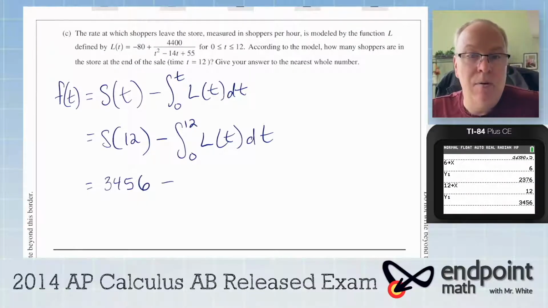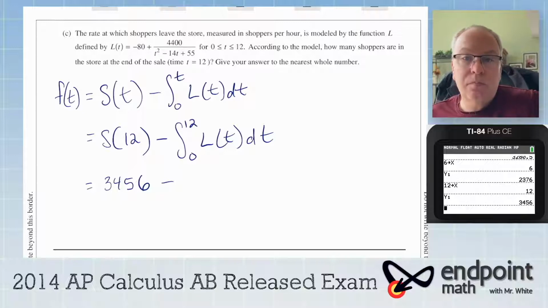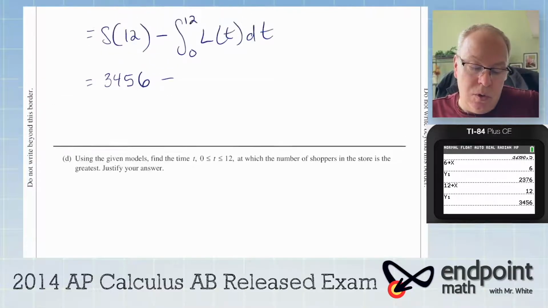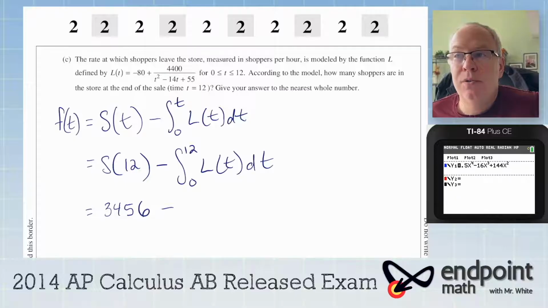And now we're going to see how many people have left. Now, we have that ugly function up there as well. And we might need to use it in part D again. Right? So I'm wondering if we shouldn't put it in on Y2. So let's just go ahead and do that just in case.